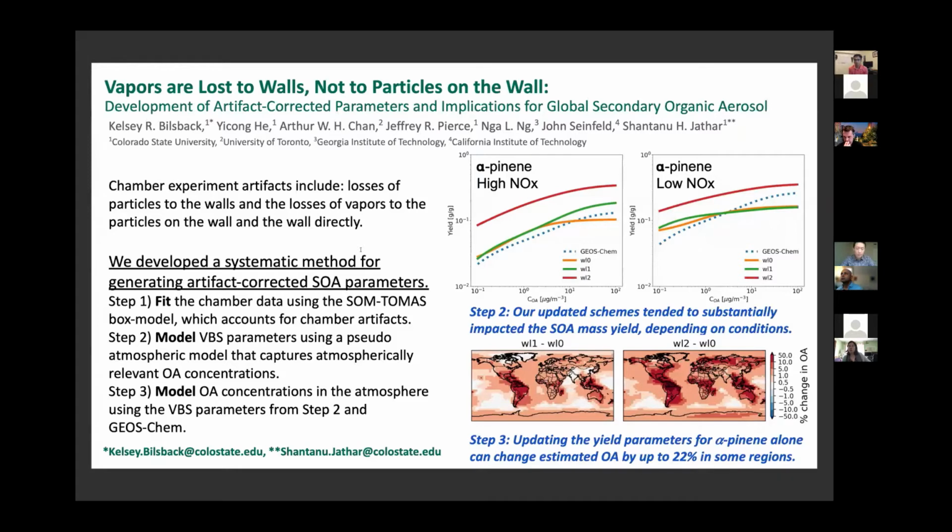And so on the right hand side of this slide, I'm showing an example of this method for alpha pinene, and we see up to a 20% change in simulated OA concentration, depending on how we're correcting for these artifacts.